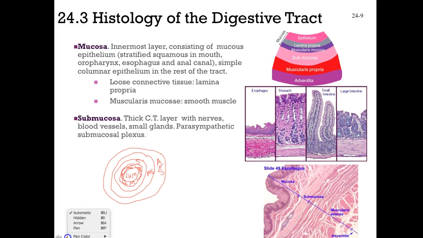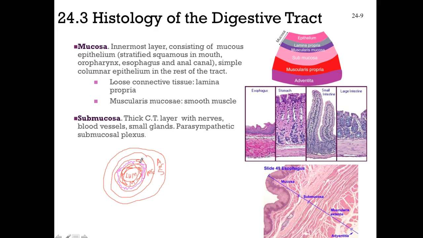Now if we go to our second layer, which is our submucosa, then we are going to see no epithelium here, but rather connective tissues. I don't know if it's worth pointing this out in this picture because we have a couple other images to look at. So our second layer, just the connective tissue, we've got our neurovasculature in here.